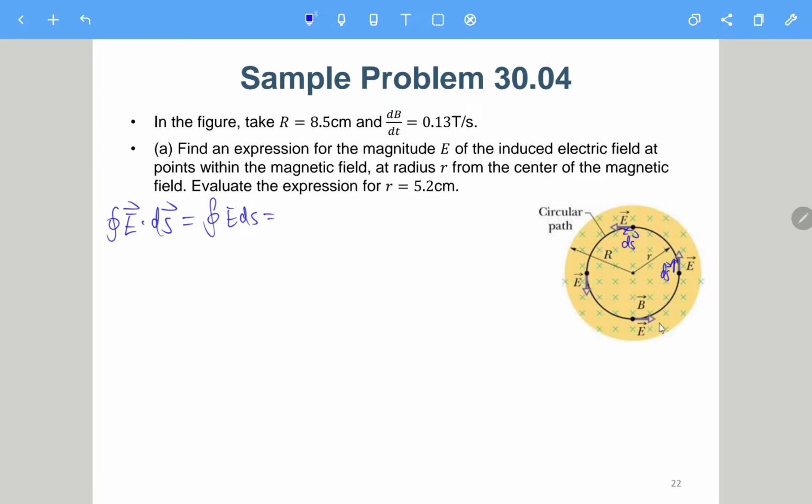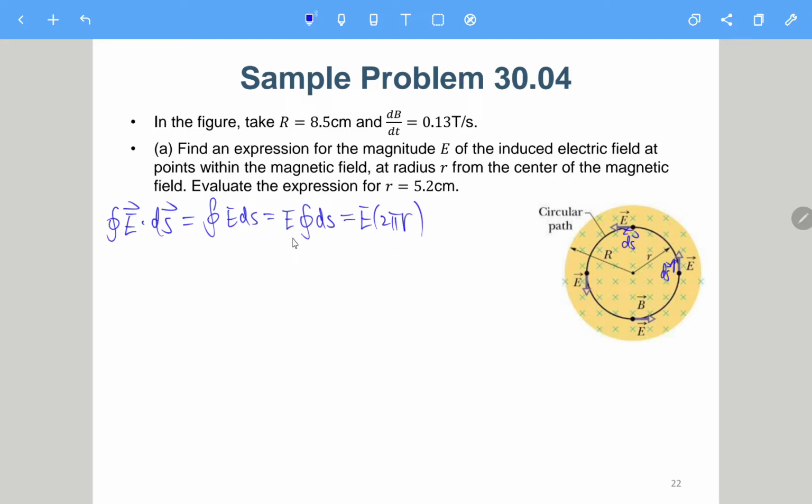So we assume that the E field is uniform over the whole path. So it is nothing but E times the closed integration of ds. This is nothing but the circumference of the circle, which is 2 pi r. So it is E times 2 pi r.